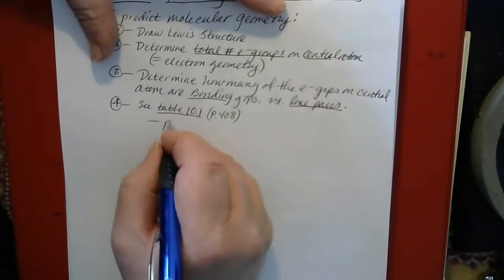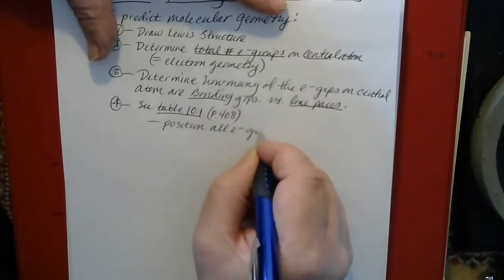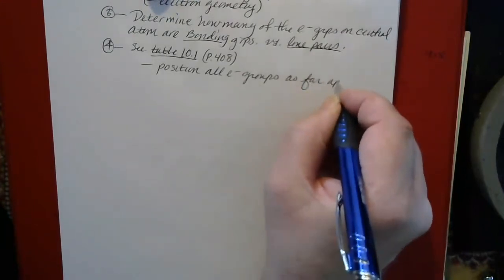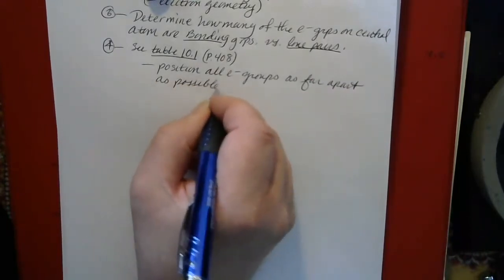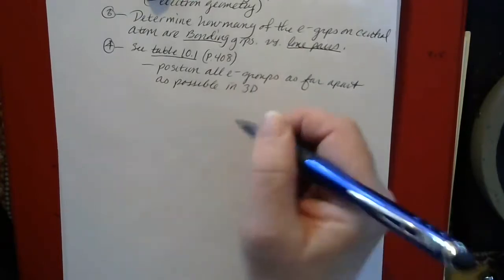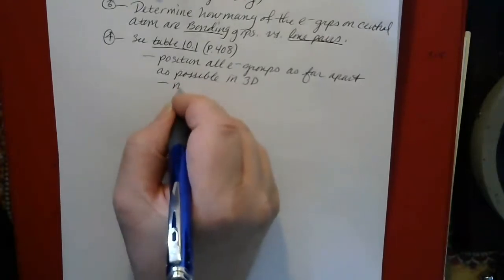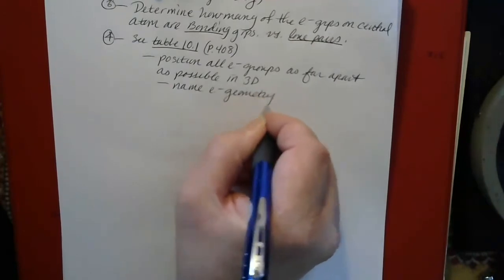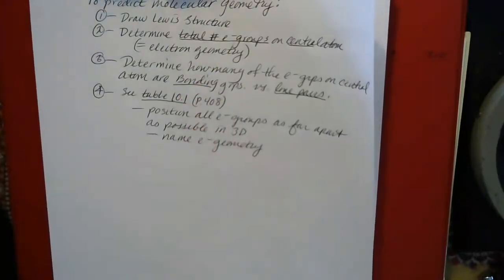And essentially what you're doing is positioning all of the electron groups as far apart as possible in 3 dimensions. And then you can name the electron geometry. If you haven't already, you could have named it up here in step 2. You would have had enough information.